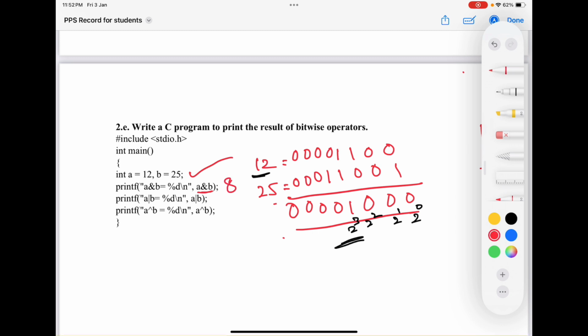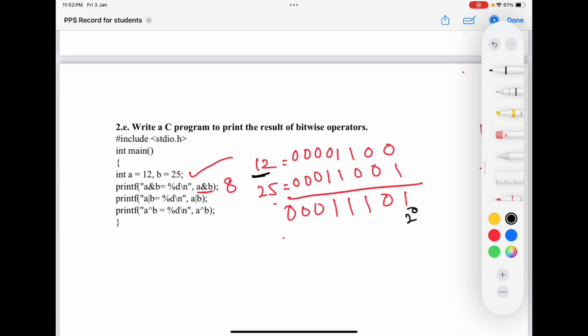Keep this in mind: the first output is 8. We'll execute this, then you can understand. Now A or B. What is the answer of A or B? Let's see A or B for the same. A or B is as simple as addition. 0 plus 1, 1. 0 plus 0, 0. 1 and 0, 1. 1, 1, 1, 0, 1, 1, and the rest.